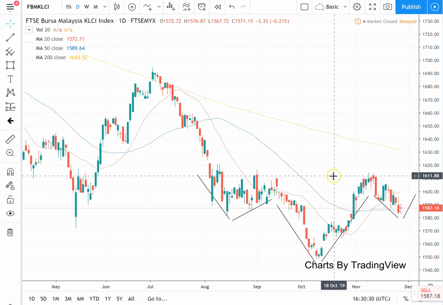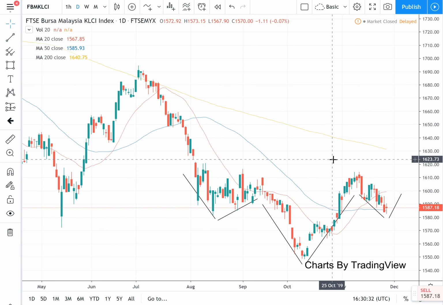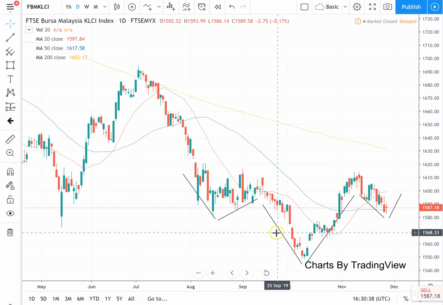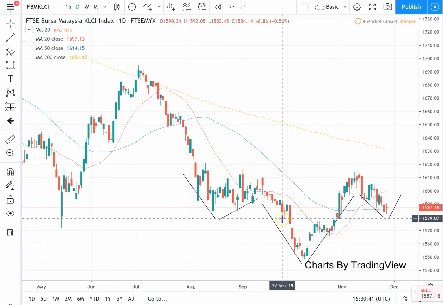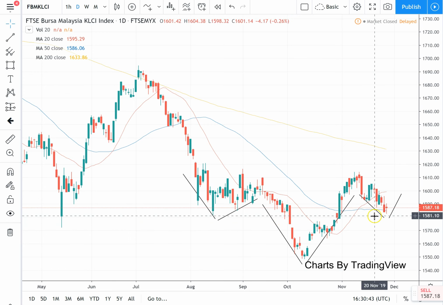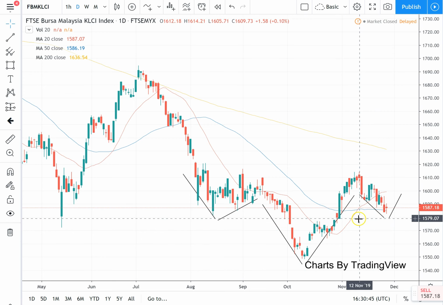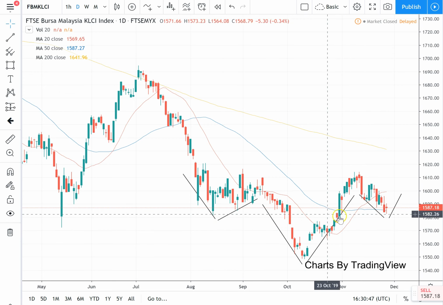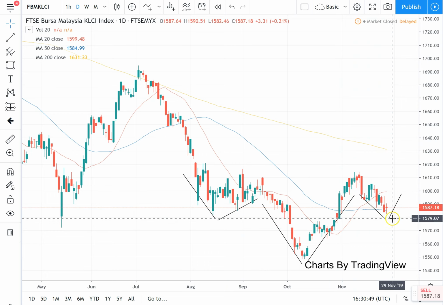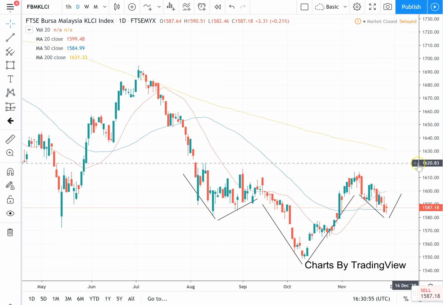What we call is the inverse head and shoulder. It's usually a bullish reversal pattern. So what needs to happen is that KLCI stays above this area, above the left shoulder, this right shoulder, and if it manages to stay above this area, there is a possibility that it might shoot back up.